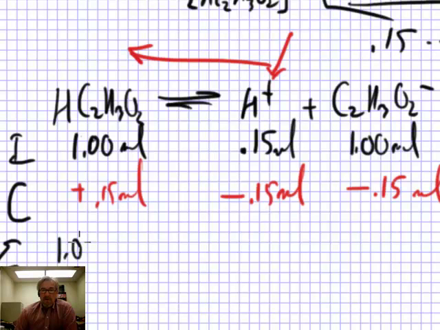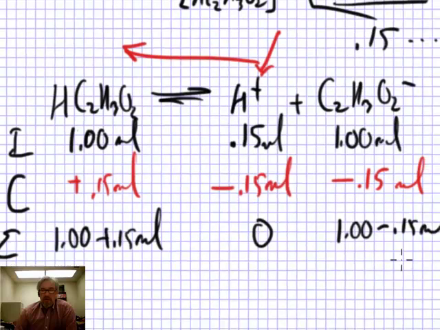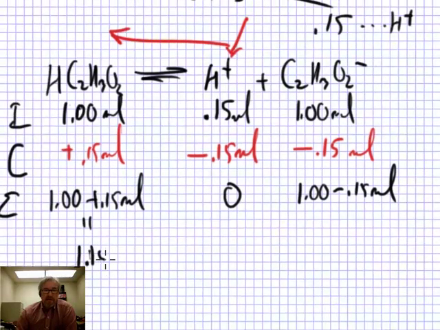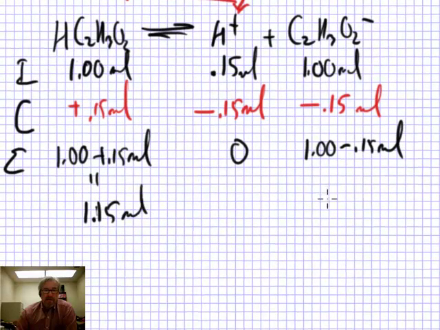We have 1.00 plus 0.15 moles of acetic acid. We're going to have virtually no H plus, and we're going to have 1.00 minus 0.15 moles of acetate ion. So this is, of course, 1.15 moles, and this is now 0.85 moles. So what's our new pH?